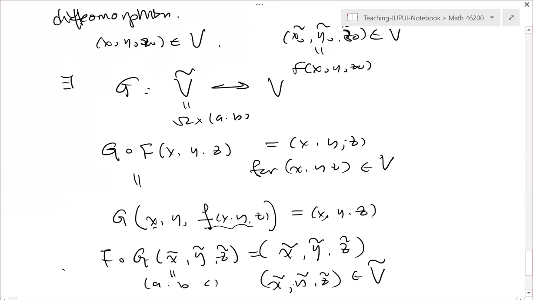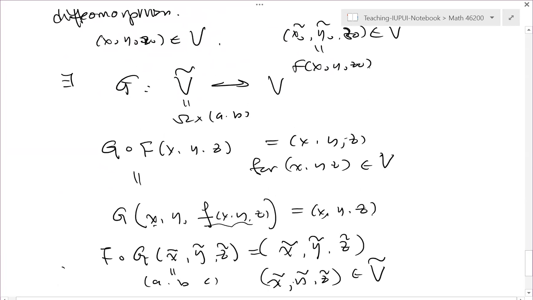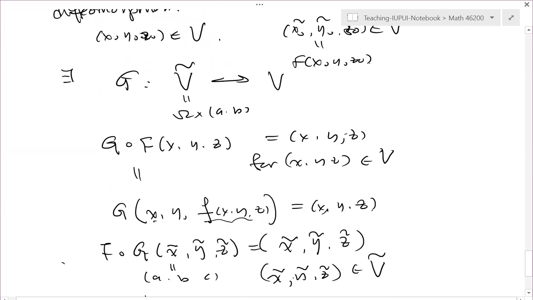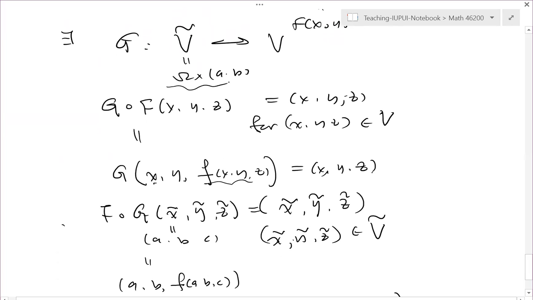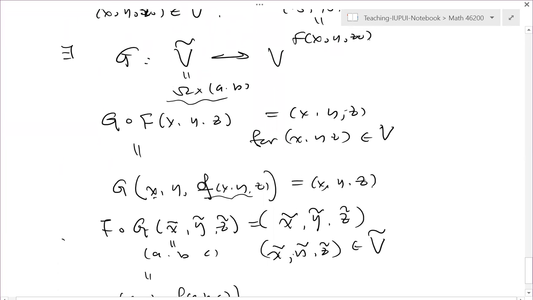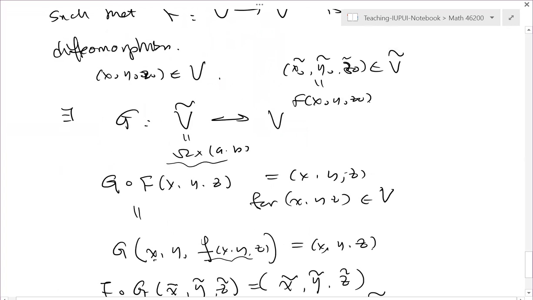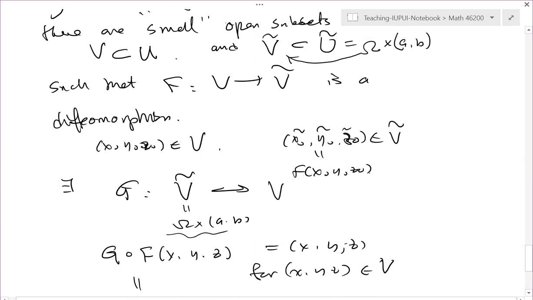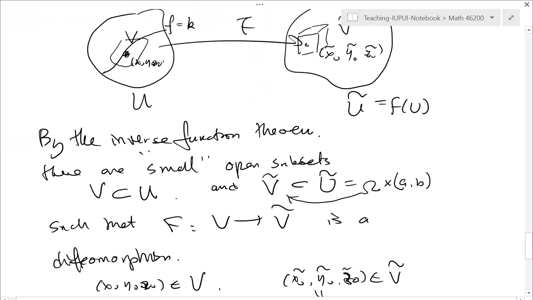Let's go back to here. So this is the picture. It's difficult and complicated, the picture.